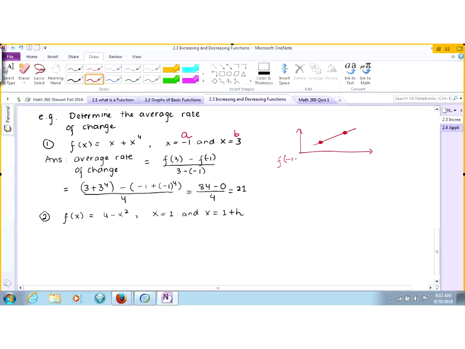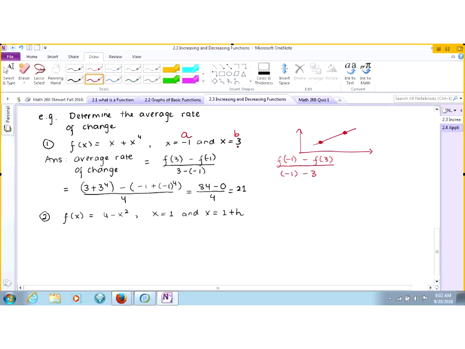If I were to write it as f of -1 minus f of 3 divided by -1 minus 3, this will give me the same answer also. The most important thing is that whichever one you put first on top, you have to put it first on the denominator the same way. If you call it B and this is A, then f of B minus f of A divided by B minus A. Yes, you get it? Okay. So it will give you the same answer. It doesn't matter. And this is slope. Alright?